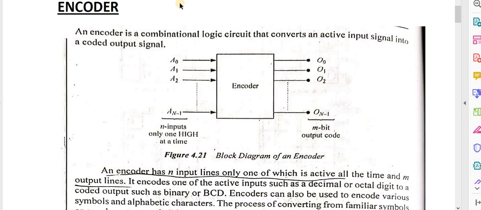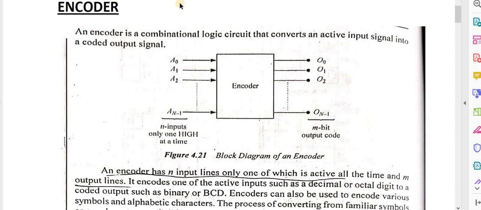So you know that this video series on computer system architecture is for the second paper of BSc first semester CBCS students. So we are discussing combinational circuits. In the last video we discussed the multiplexer and demultiplexer.